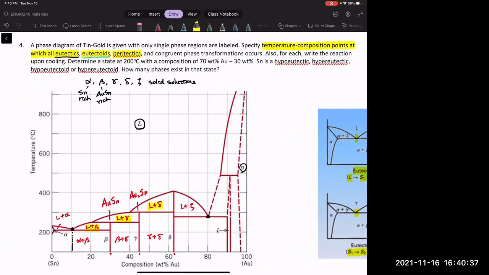These are all the liquid plus the solid, and it will become a solid solution at the bottom. So if you wanted to identify that, then you see if there is a point.